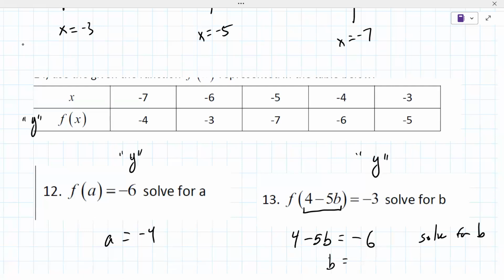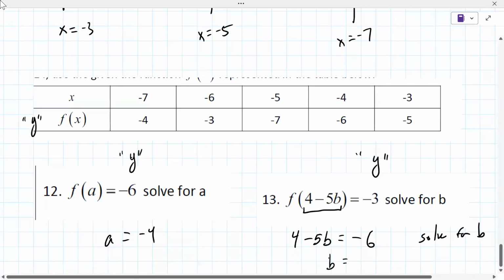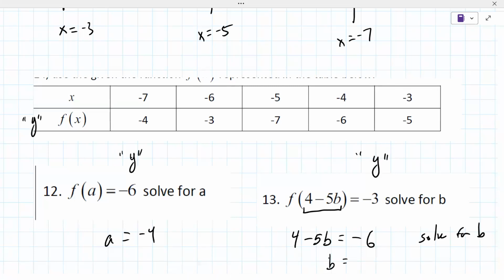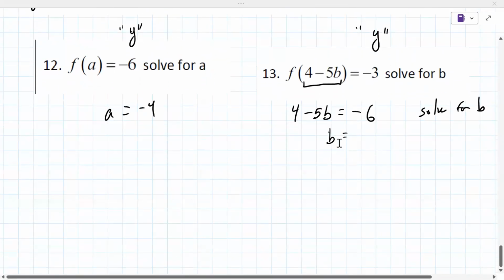Or give the whole number. b equals then, is it 0.4?